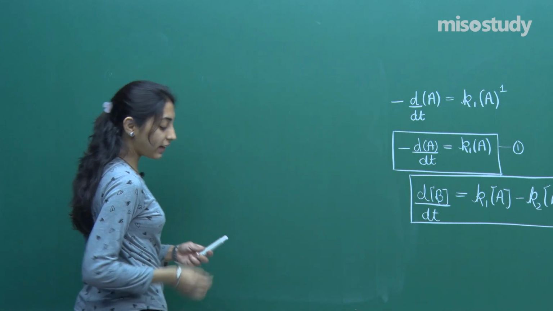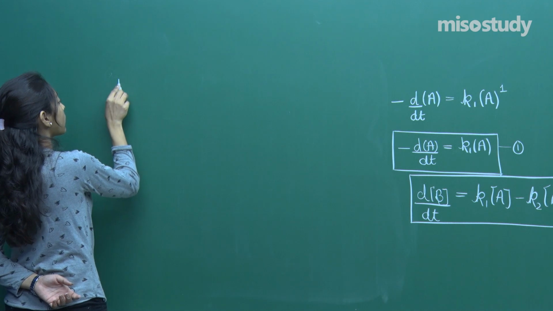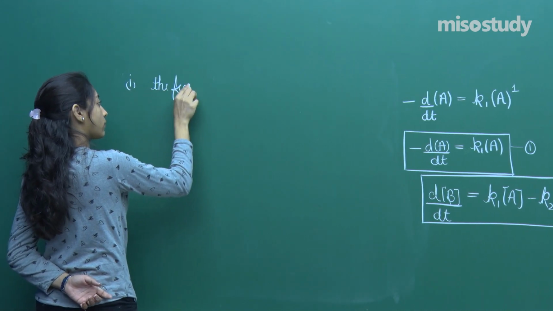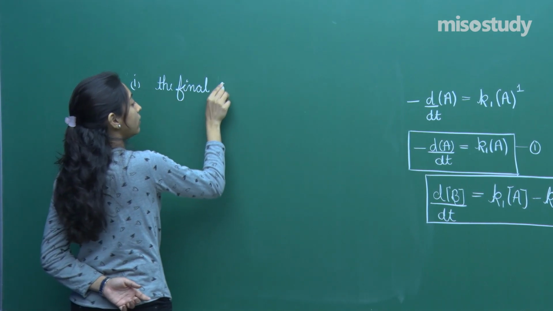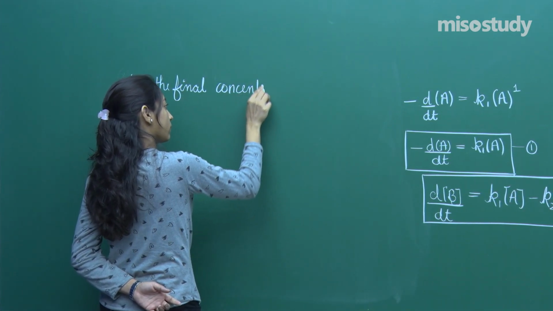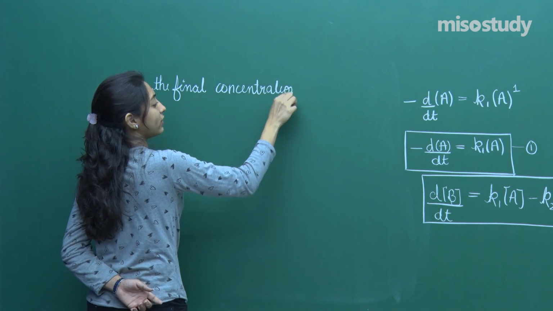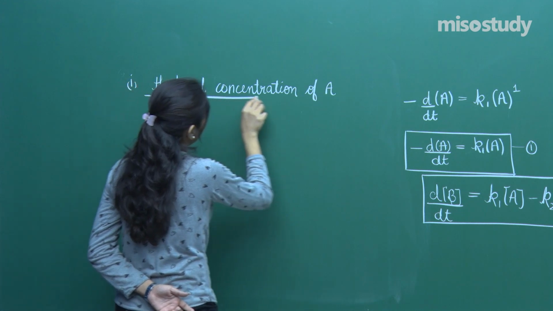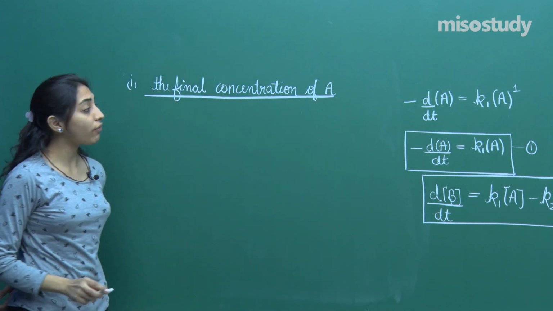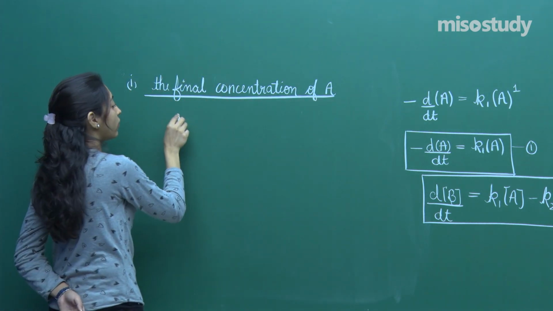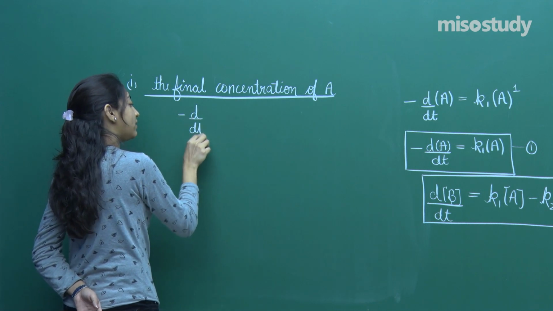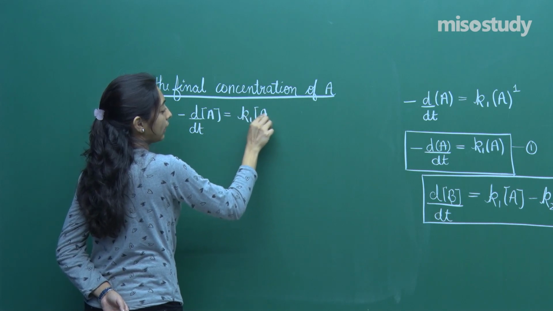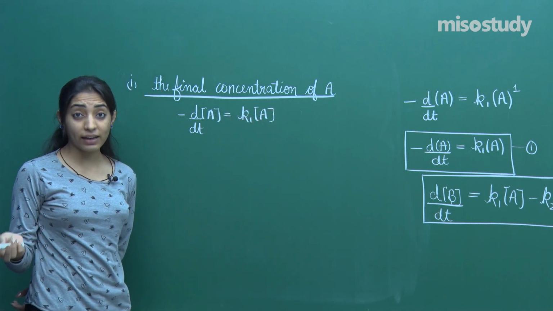Now let us first take into consideration case number first, the final concentration of A. So let us take into account the final concentration of A. For this we will be solving minus d/dt of A is equal to K1 multiplied by A raised to the power 1.